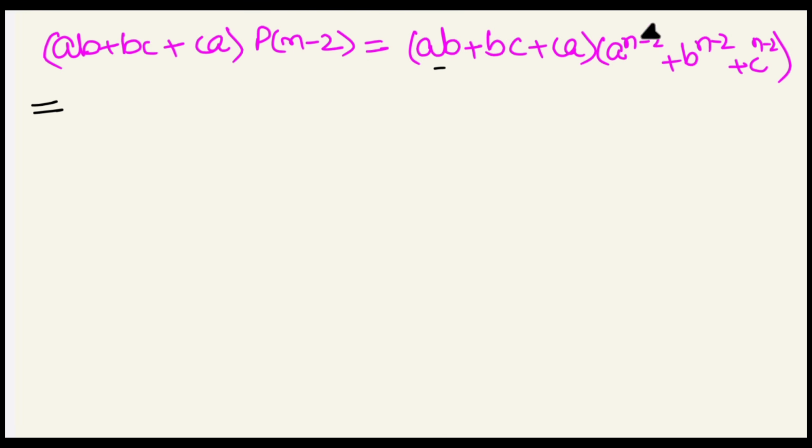So AB into a to the power n minus 2. Now this a into a will become a to the power n minus 1, so a to the power n minus 1 into b. I'll write the final result only. a to the power n minus 1 into b, plus ab into b to the power n minus 2. This will again become a b to the power n minus 1, since n minus 2 plus 1 is n minus 1. And ab into c to the power n minus 2.